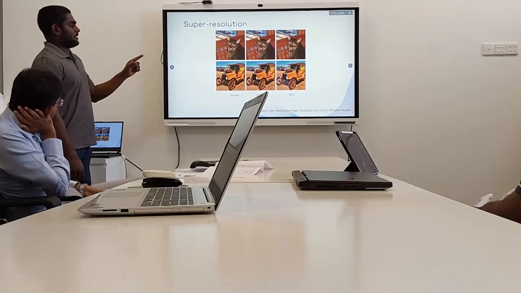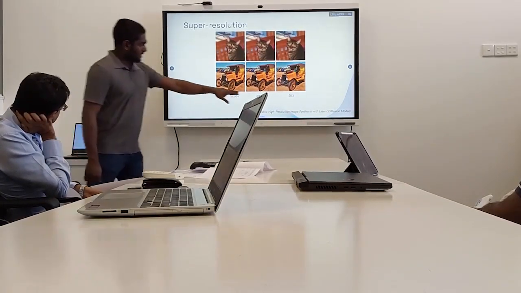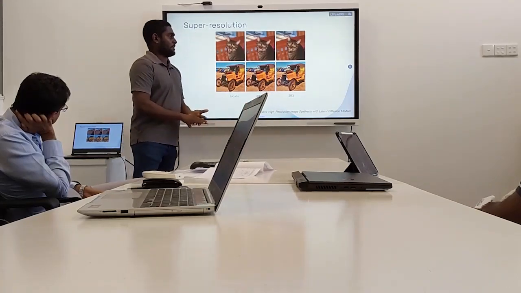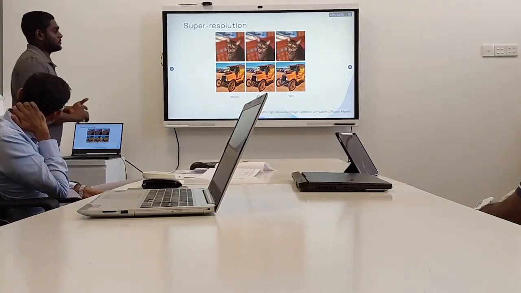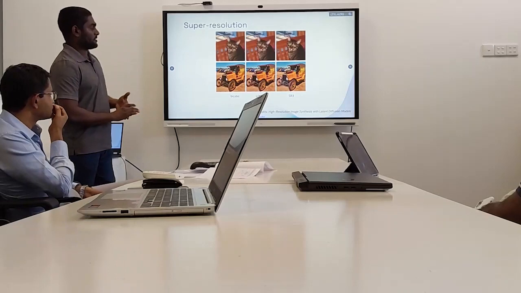I think SR3 is another benchmark method, a specific method from another paper which focuses only on super resolution. LDMSR is where we use the latent model for super resolution purposes.